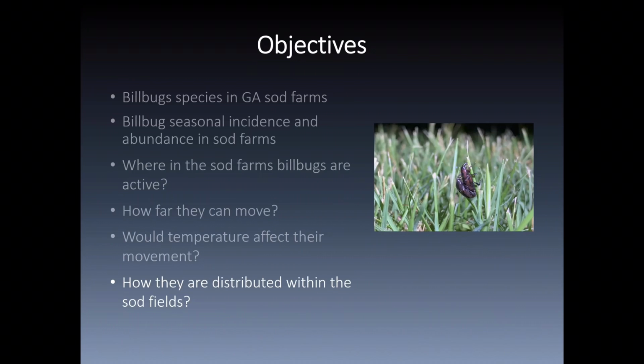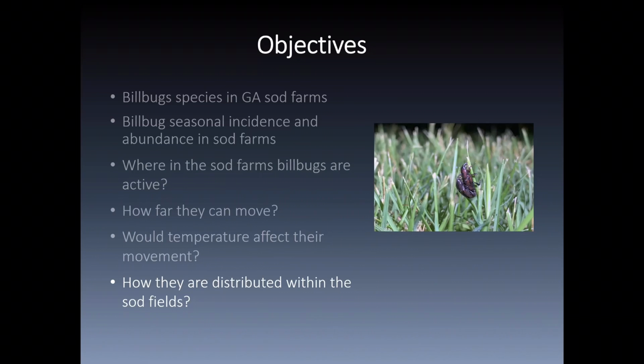And also, we want to know how you know that you got it. So say I have billbugs, but how do I know that I got a number that triggered an application? I am not talking about a threshold here, like if you see 10, then you need to go and make an application, or 100. I'm not talking about the threshold concept, but at least to know that you got the problem.